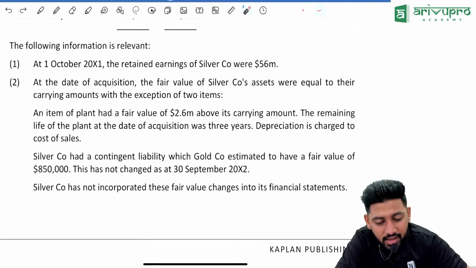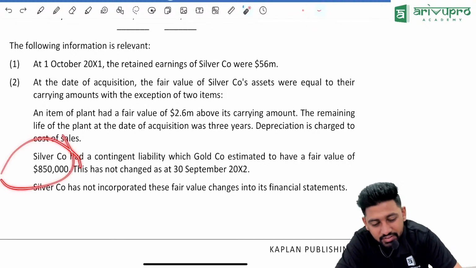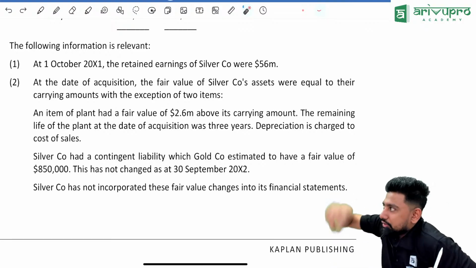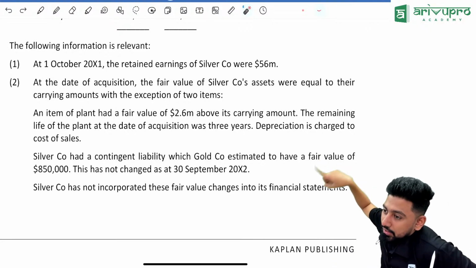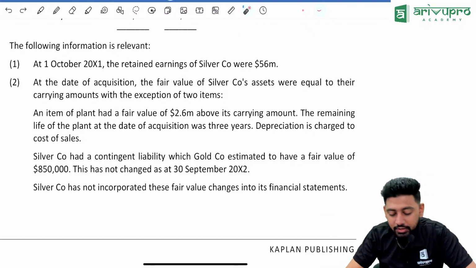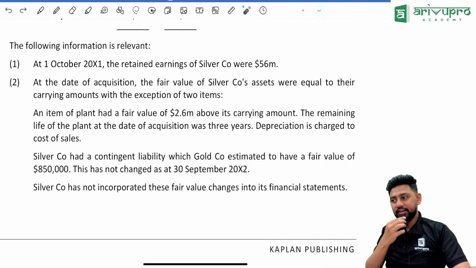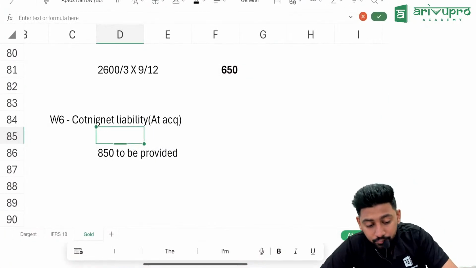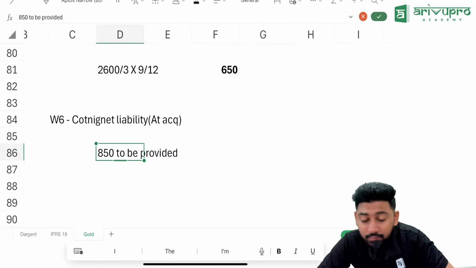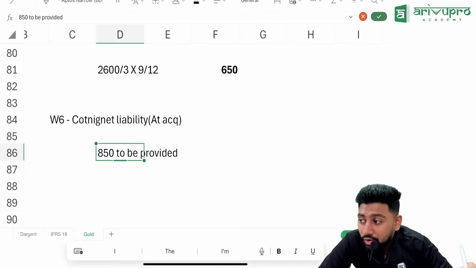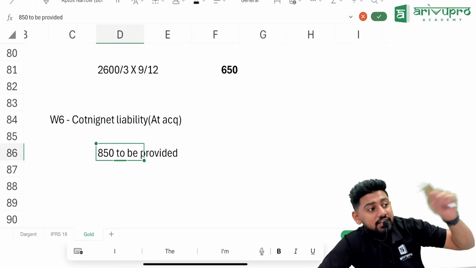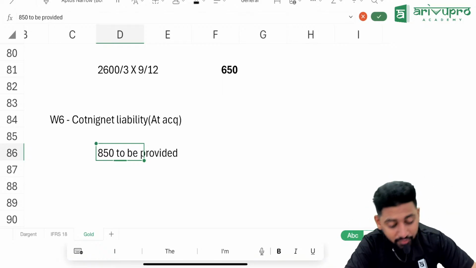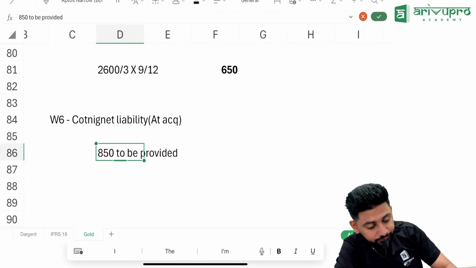When they say they have estimated a fair value of 850, they have not changed. You have to show it. They have already recognized it. It's just that there is no movements in it. If there are movements, then you will have an impact in your current year financial statements. So all what is going to happen is you are going to provide the 850 for acquisition. If there is any change only, it will have an impact in our P&L. Clear? There is no fair value change. Okay, done. Let's go further.